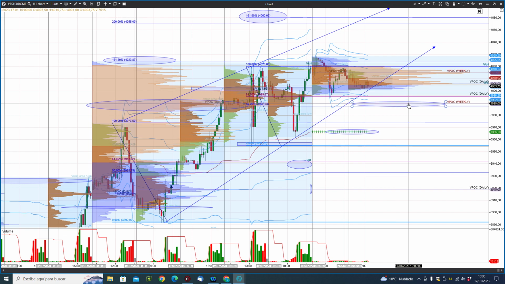The weekly naked VPOC is at 39.89. The upper target will be 4,060.